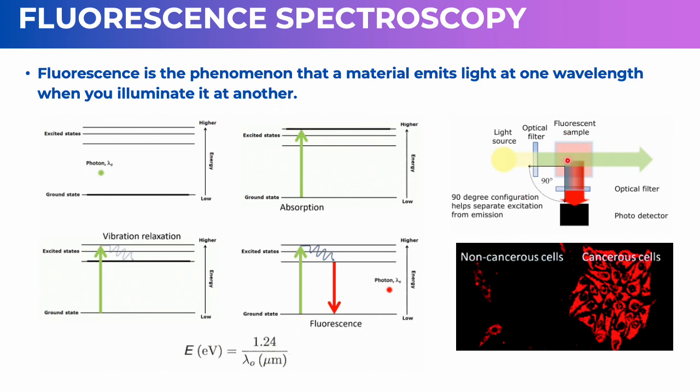The resulting emission spectrum is a plot of emitted light intensity against wavelength, and it provides valuable information about the composition and concentration of various substances within the sample. For instance, it's really helpful in distinguishing cancerous cells from non-cancerous cells, since they respond differently in fluorescence spectroscopy. So that's about fluorescence spectroscopy.